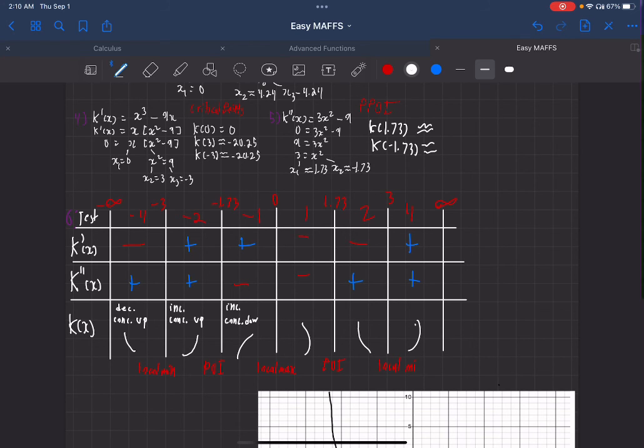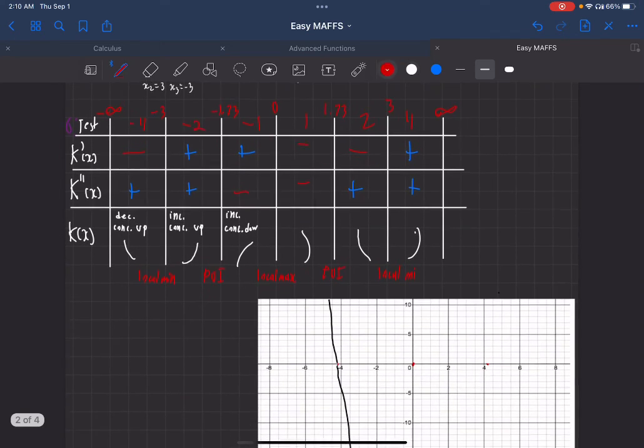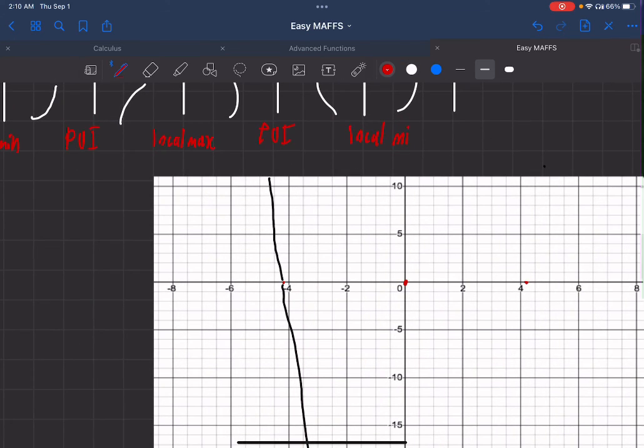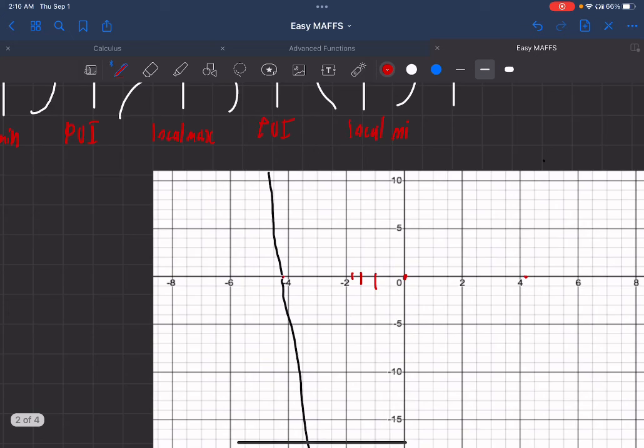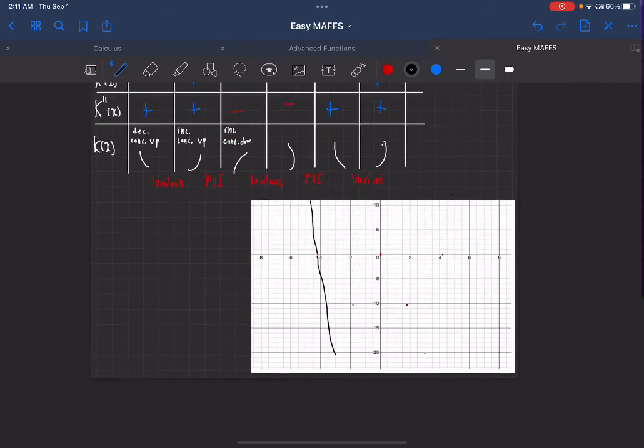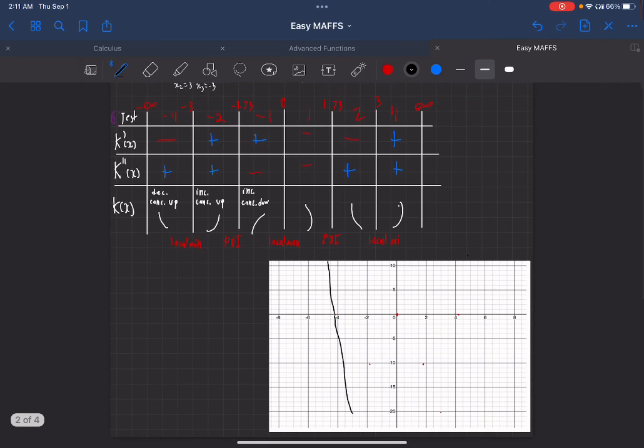If you plug those into your calculator, you should get approximately negative 11.23. And because it is an even function, this is also negative 11.23. So if this is negative 1, this is negative 1.5, 1.73 would be around there, and negative 11.2.